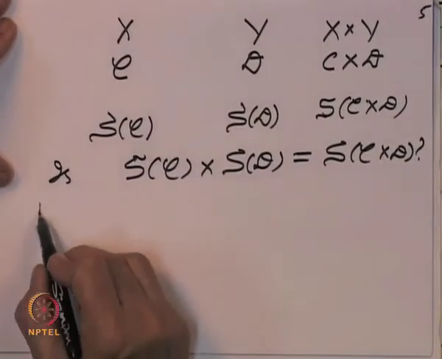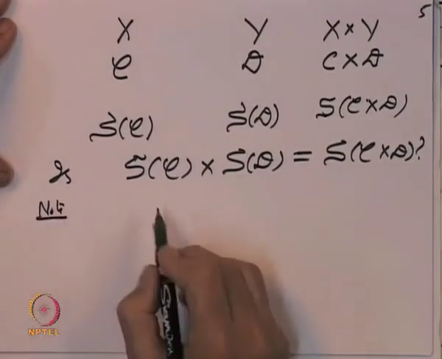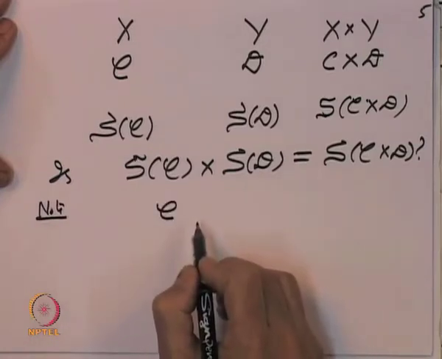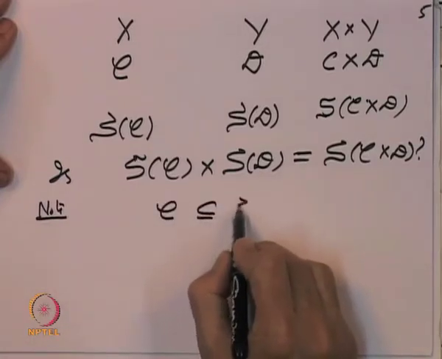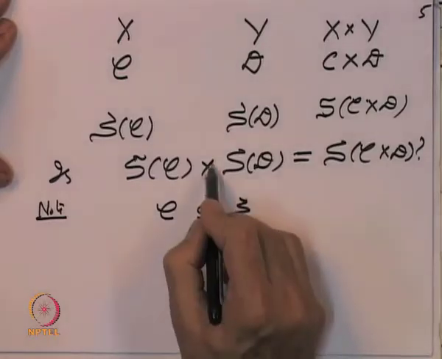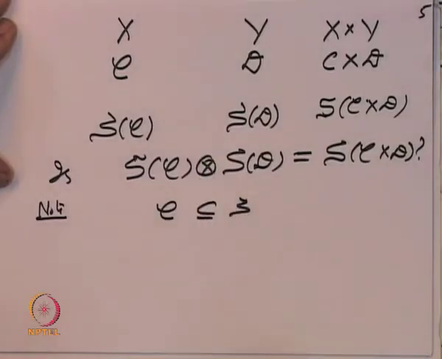So, the first observation we are going to note is the following. C is contained in S of C. So, the question is whether this product is equal to this.